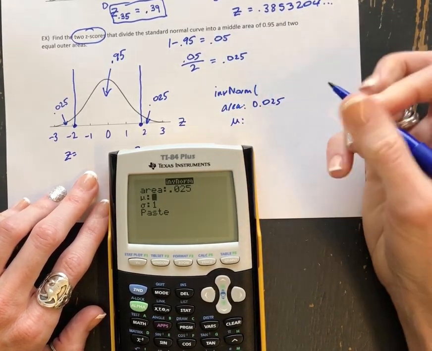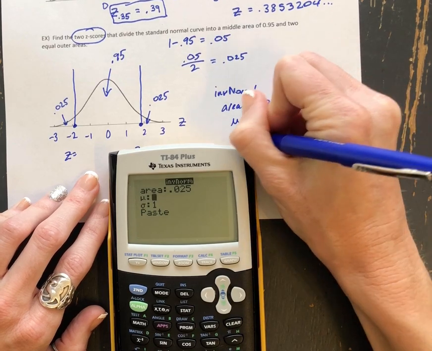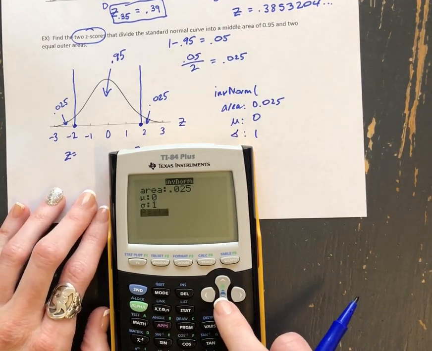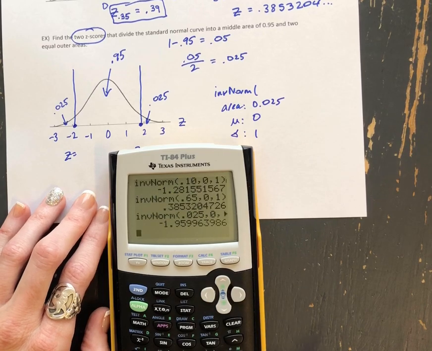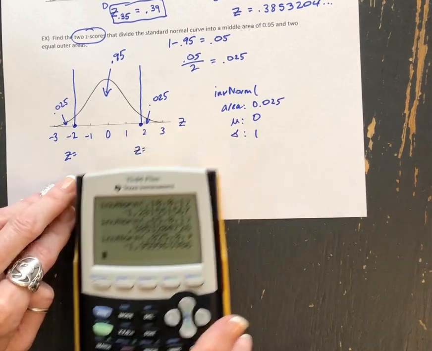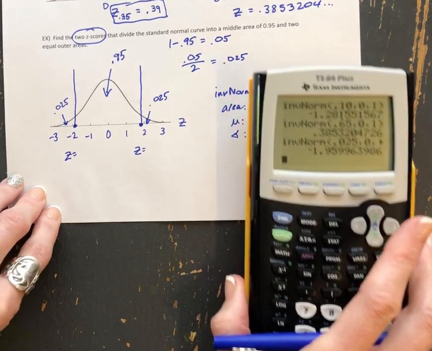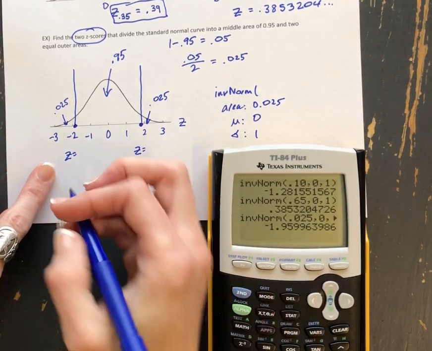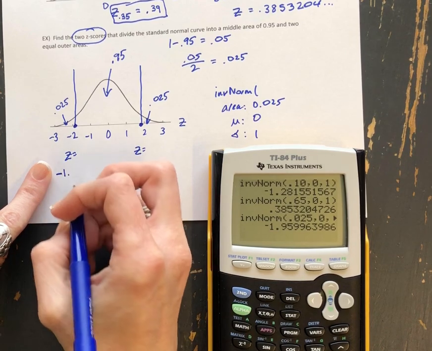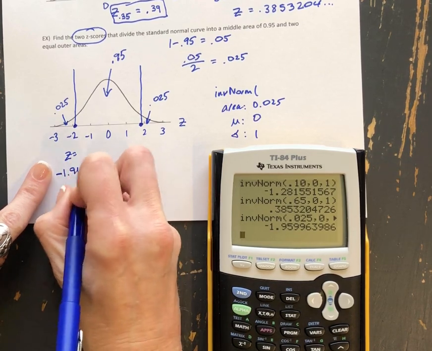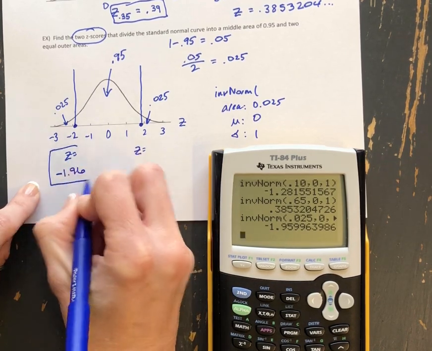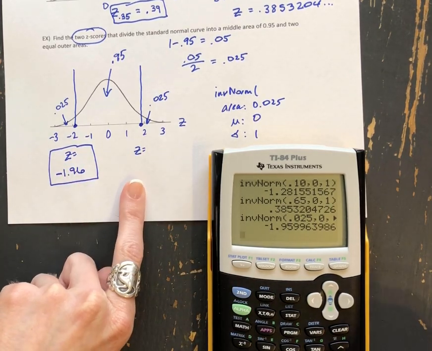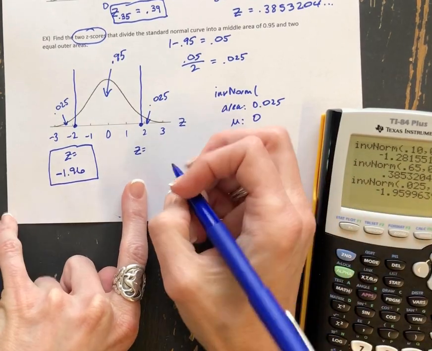Our mean is 0. Our standard deviation is 1. And we get for that z-score, and remember we are working down here, we get -1.96 if we round to 2 decimal places, which tells us right away that this one would be positive 1.96.